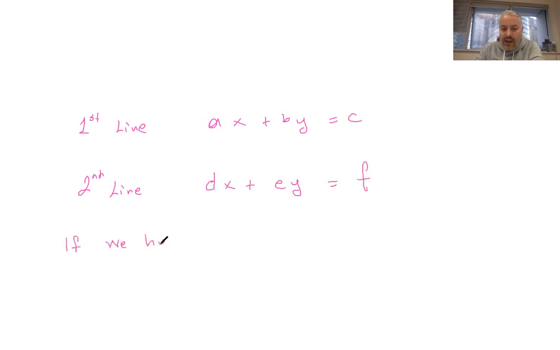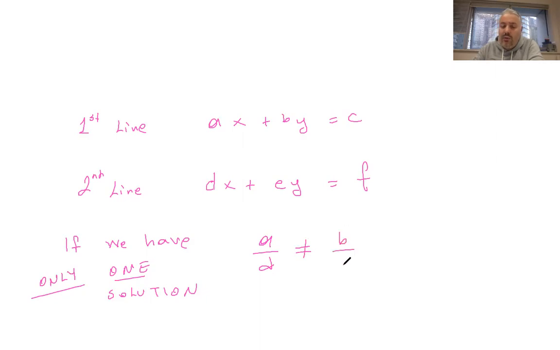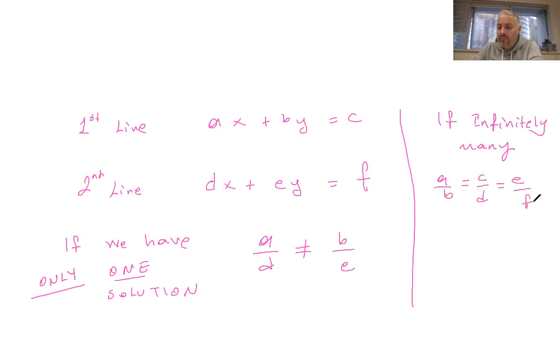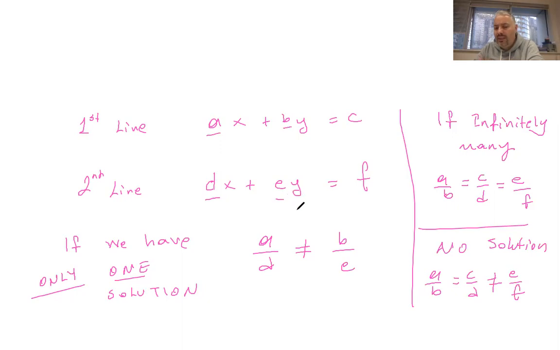If we have exactly one solution, the rule is: A over D is different than B over E. If infinitely many solutions, A over B is equal to C over D is equal to E over F. No solution: A over B is equal to C over D, but different than E over F.